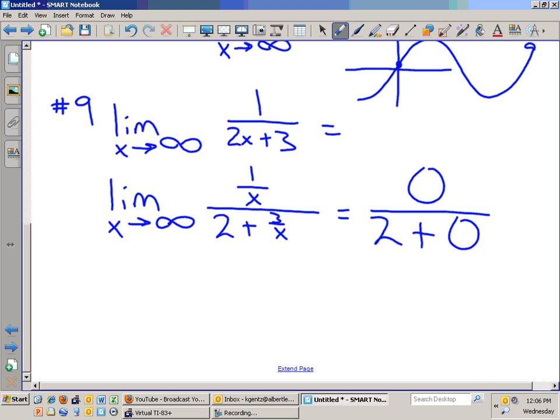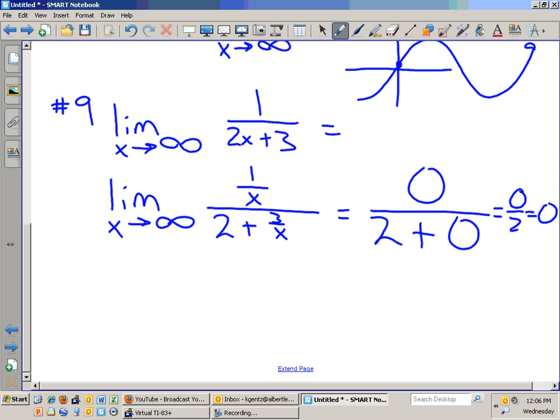Well, I plugged in infinity. 1 over infinity is going to be 0. 1 over an extremely large number is going to be 0. And so therefore, I have this 0 divided by 2 plus 0, or 0 divided by 2, which is 0. So there we verified algebraically that the limit is in fact 0.